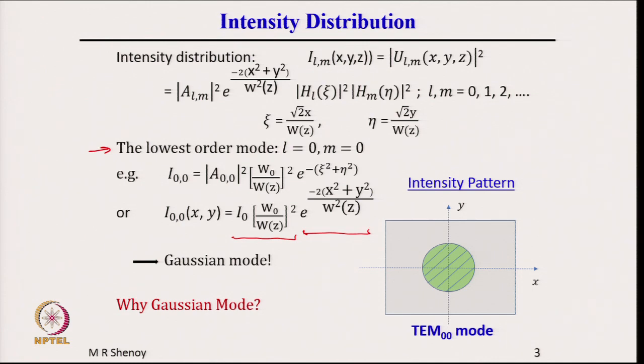It is a radially symmetric field distribution, and that is the Gaussian mode.